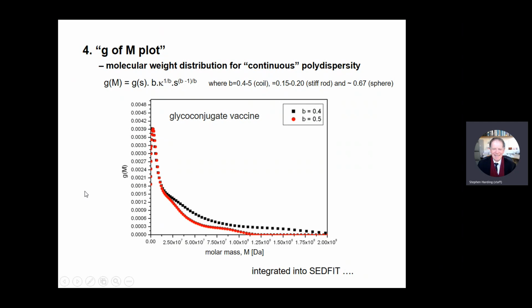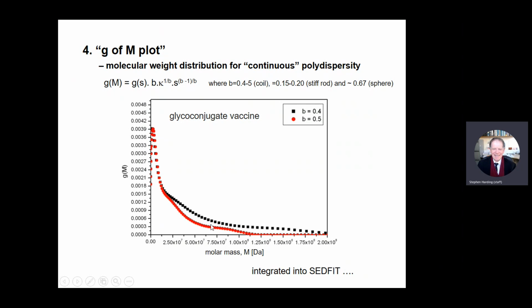This is for converting the distribution G of S into a distribution of molecular weight, where that's the power law coefficient, B, which is 0.4 to 0.5 for a coil, 0.15 to 0.20 for a stiff rod, and about 0.2 for a spherical conformation.